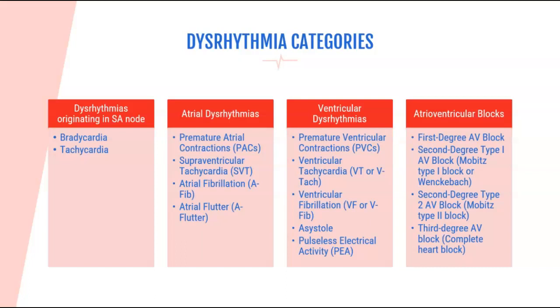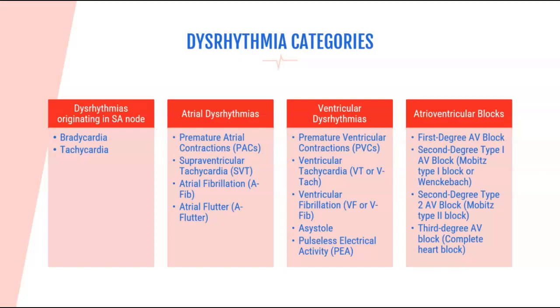Ventricular dysrhythmias include premature ventricular contractions, or PVCs, ventricular tachycardia, VT or V-tach, ventricular fibrillation, VF or V-fib, asystole, and pulseless electrical activity or PEA.